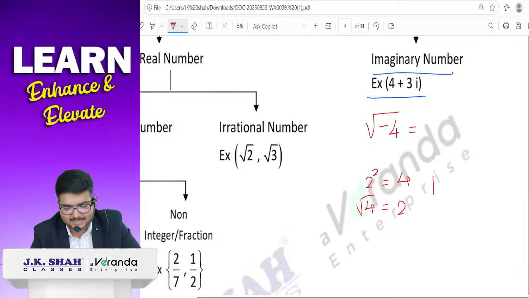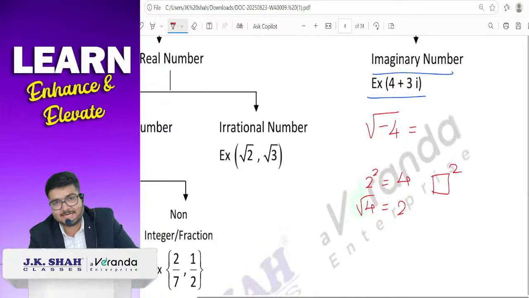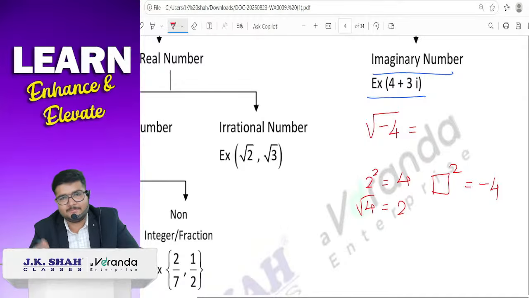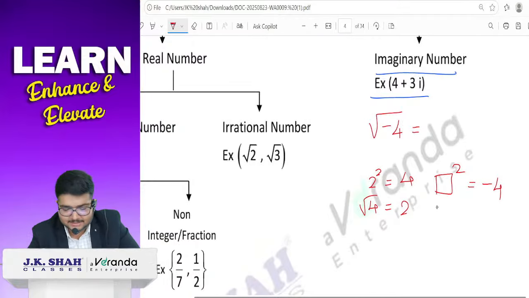Similarly, is there any number whose square will be negative 4? Do you know basic maths, right? Any number whose square will always be positive. The square of 2 is also 4, and the square of minus 2 is also 4.